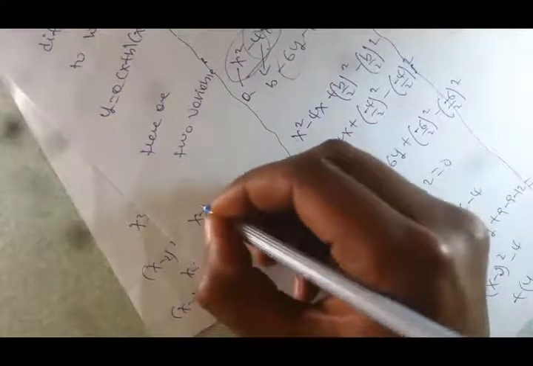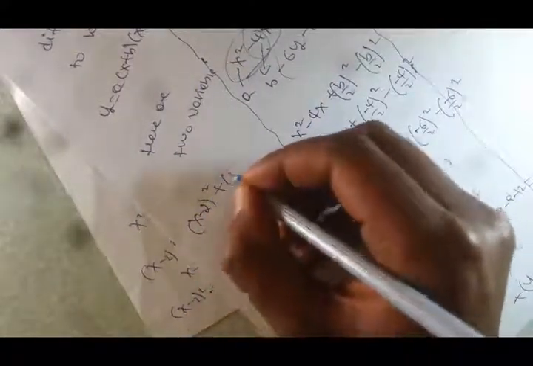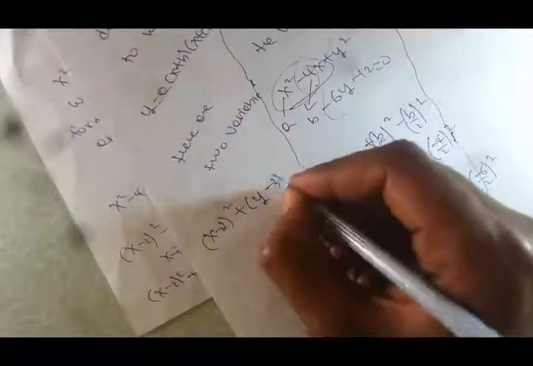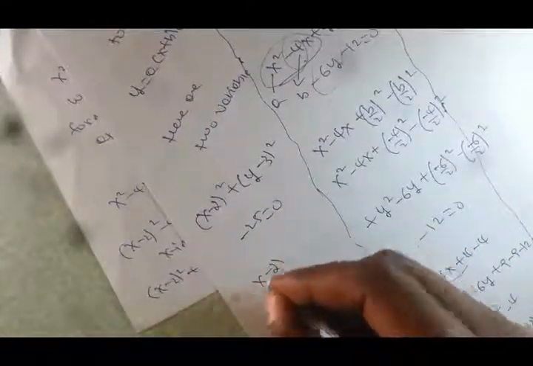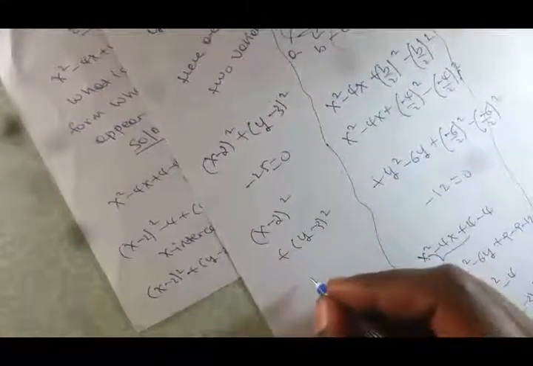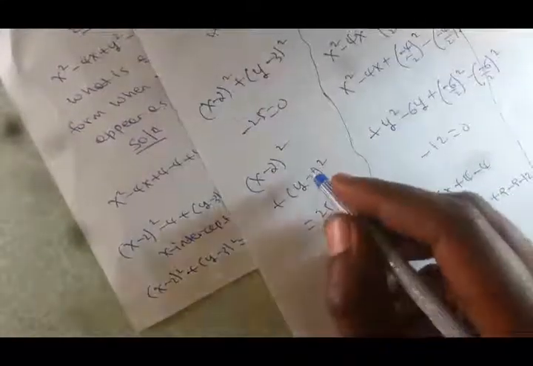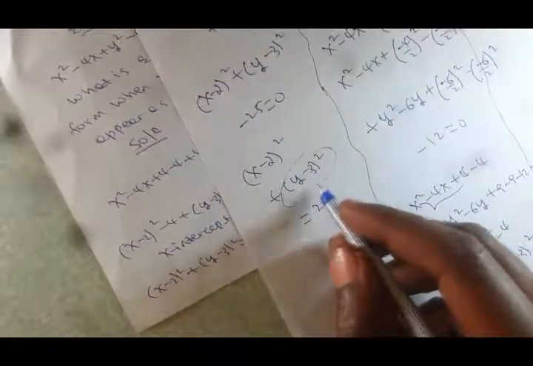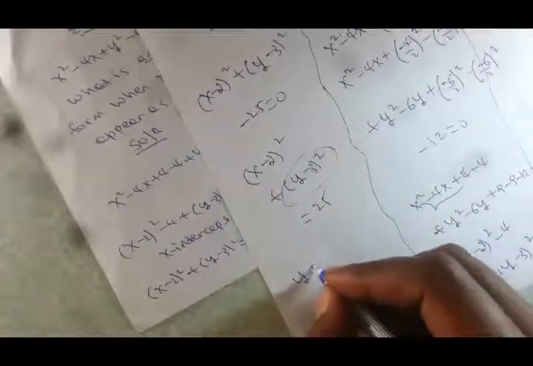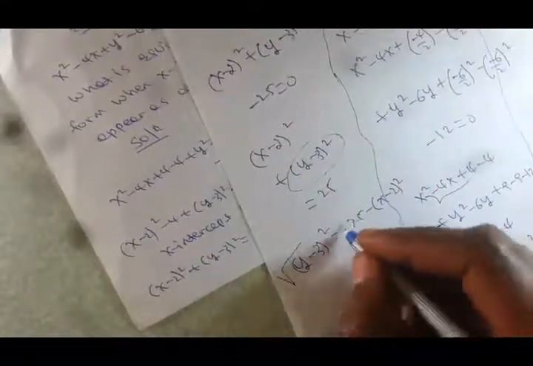So collecting like terms, x minus 2 the whole square plus y minus 3 the whole square minus 25 is equal to 0. Therefore x minus 2 the whole square plus y minus 3 the whole square is equal to 25. Let's make the y term on the left: y minus 3 the whole square is equal to 25 minus x minus 2 the whole square, take the square root.